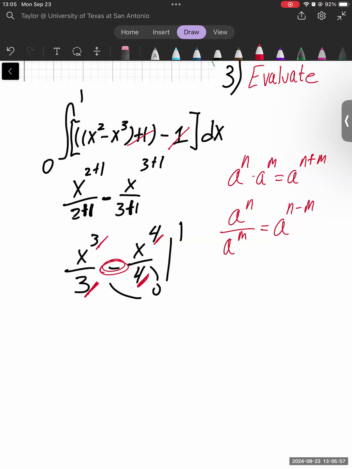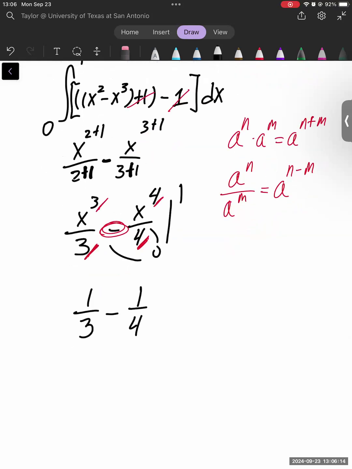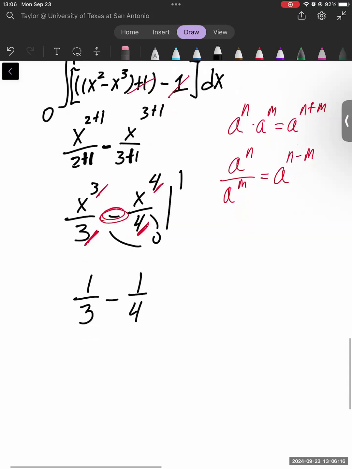So next, I'm going to substitute that in. So I get 1 over 3 minus 1 over 4. And then what is the next step to deal with fractions with different denominators? We can get them to the same denominator. Nice. So I'm going to multiply this side by 4 over 4, and this side by 3 over 3.